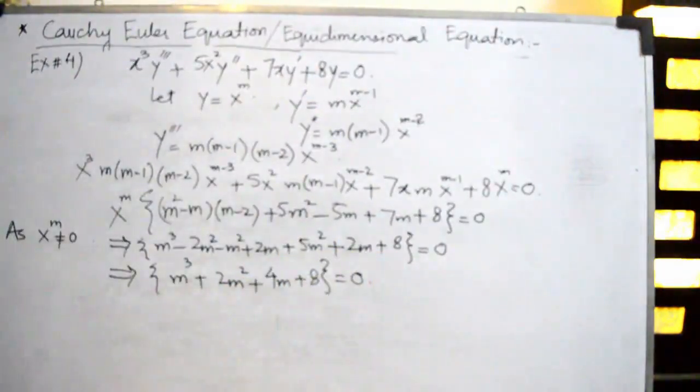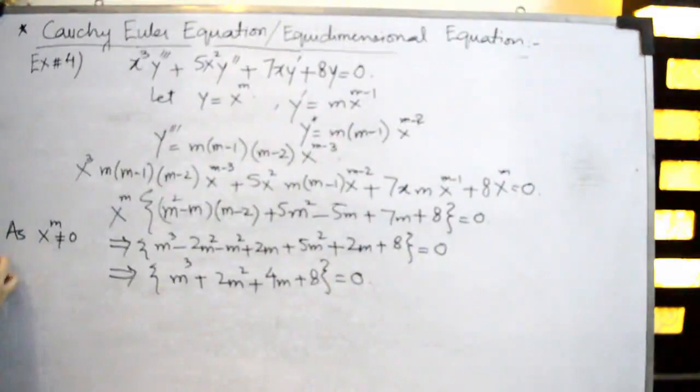Obviously you have to do the synthetic division, and for that you have to find a root. I know that 1 is not a root because every term is positive and that doesn't make it 0. So what should I do? I will replace m with minus 1. That makes it minus 1 plus 2 minus 4 plus 8, which doesn't make it 0.